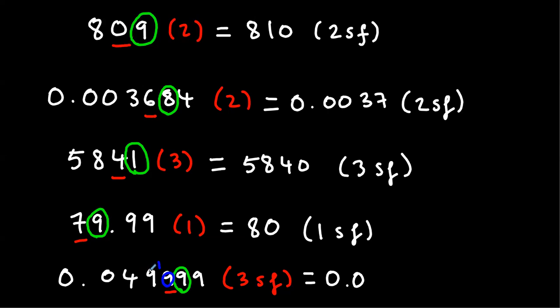So that also becomes 10. So the digit becomes 0, and we get a 1 carried over. And then we add the 1 to the 4, and that becomes 5. So the number becomes 0.0500 to 3 significant figures.